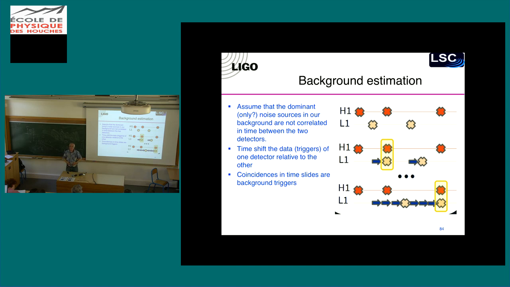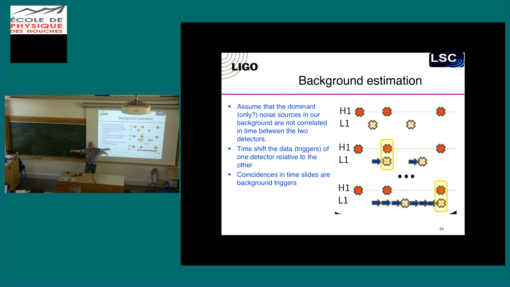First, background. Let us assume that the dominant, or perhaps only, noise sources in our background, and by background we mean instrumental noise fluctuations that are non-Gaussian, really loud glitches, are uncorrelated between the two detectors.